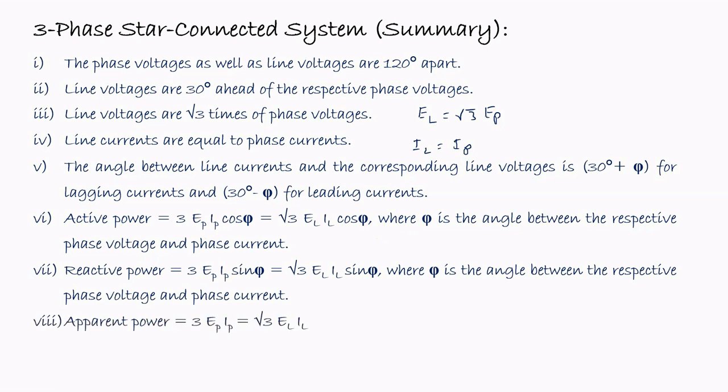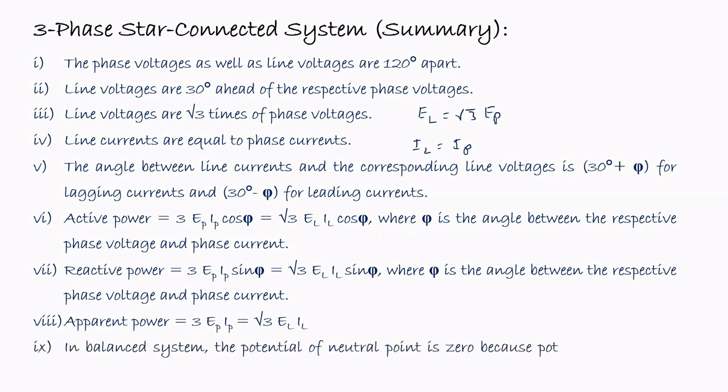And the apparent power is 3 E phase I phase or root 3 EL IL. And in a balanced system, the potential of the neutral point is 0, because if we add the potential of each phase, then we will get 0 at any instant if the system is balanced. So that's all. Thank you.